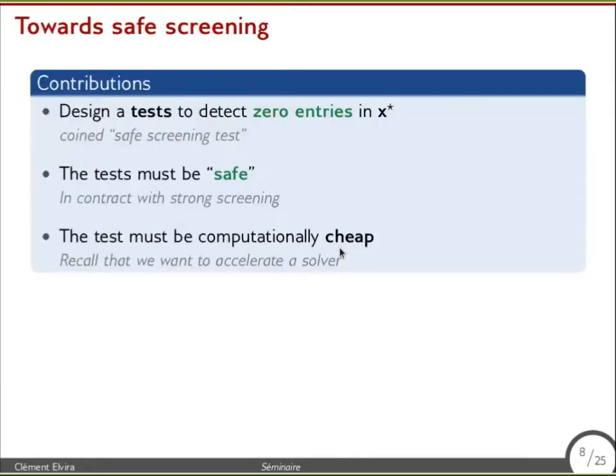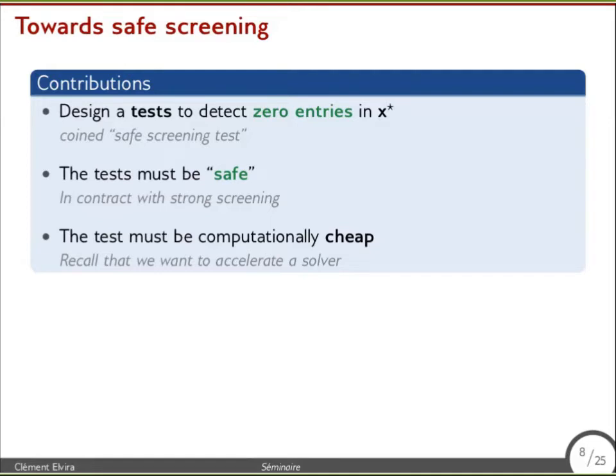Okay, so this leads us to present the contribution of our work. The idea of our work is to propose a set of tests that will be coined safe screening tests to detect, dynamically, as the algorithm runs, the zeros in the solution of the slope problem, and to exploit them in the algorithm.